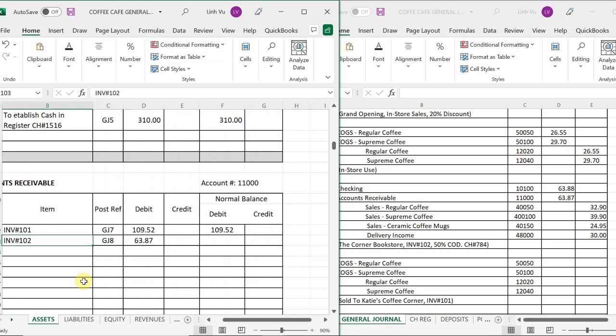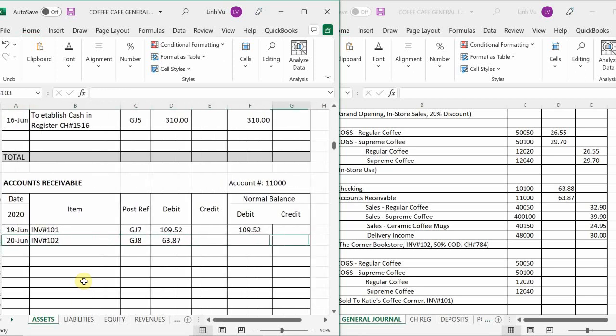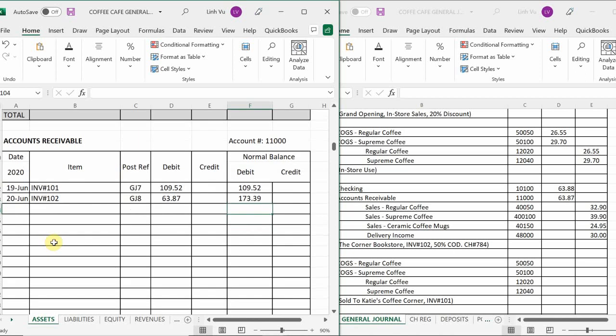So what's my grand total in my accounts receivable account? 173.39. Good. Let's see what's next. Now we've got to go to our sales.